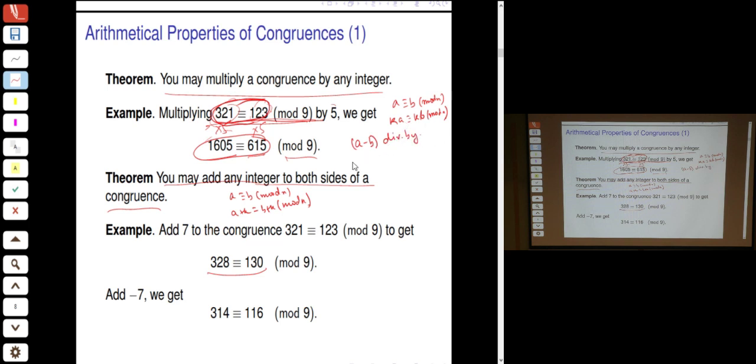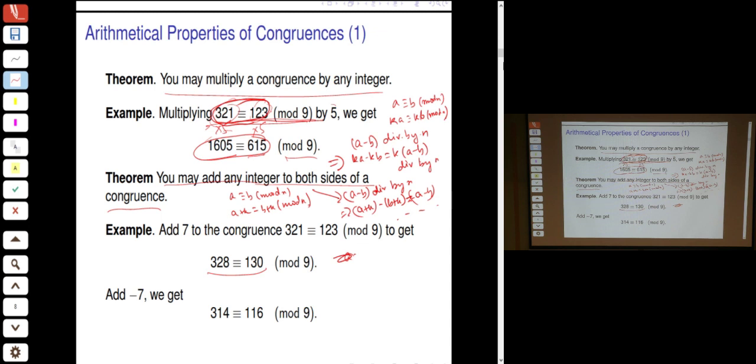So of course kA minus kB, which is k times (A minus B), will be divisible by n, right? Simple. Similarly, this implies (A plus k) minus (B plus k), which is equal to A minus B, is also divisible by n. Simple properties like this.